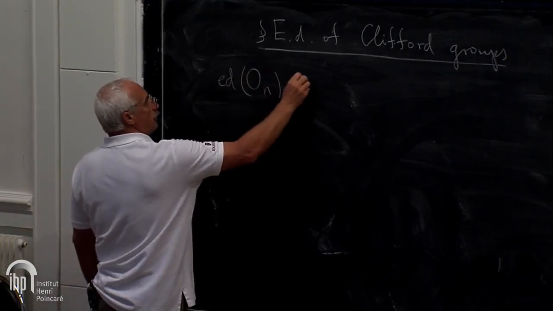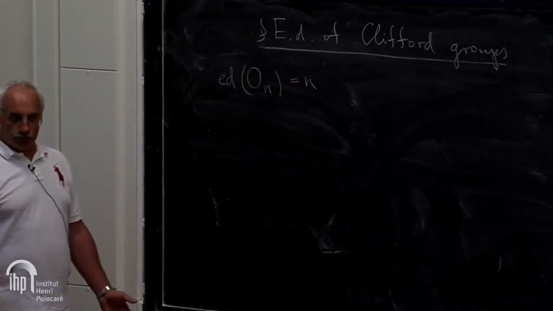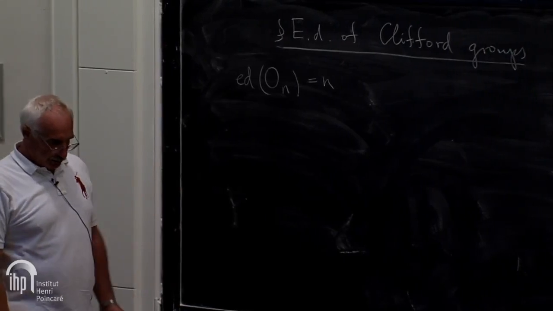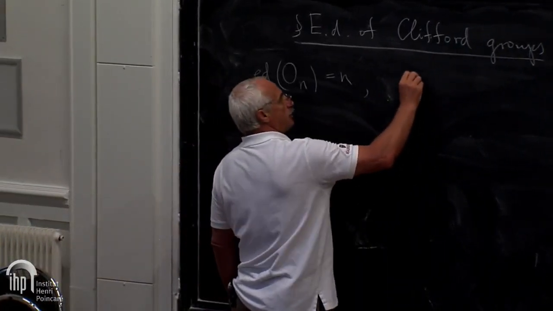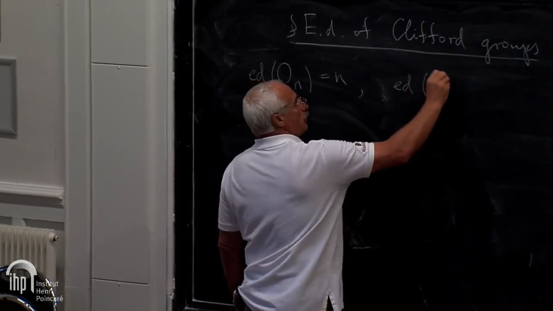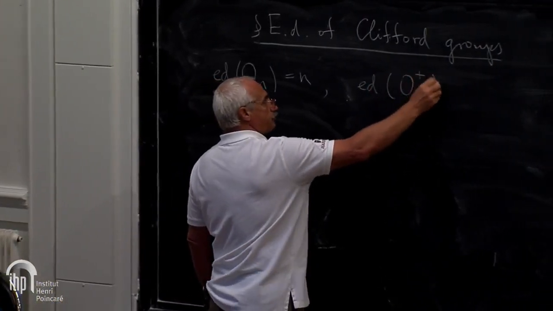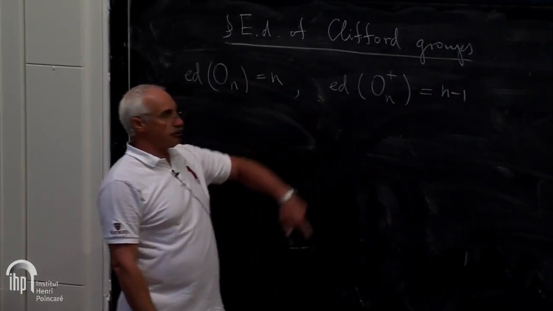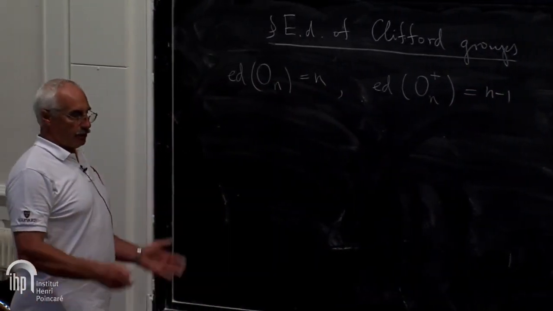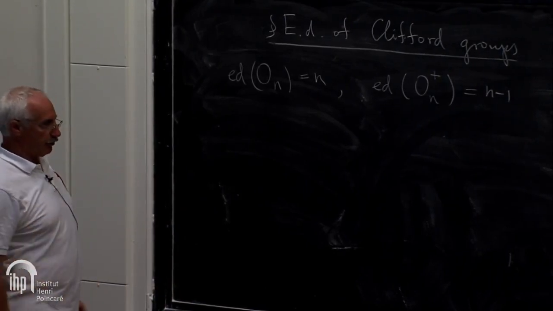And we know that the essential dimension of O_n is equal to n because every form can be diagonalized. Well, similarly, you see that the essential dimension of the special Clifford group is n minus 1. And the torsors for the special orthogonal group are quadratic forms with trivial discriminant.